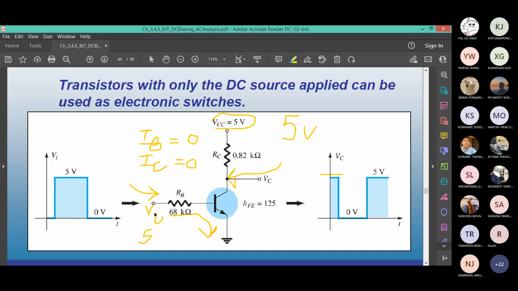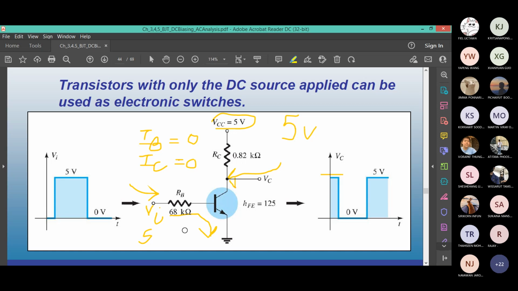Therefore, IB is Vi minus VBE divided by RB. 5 minus 0.7, you get 4.3 volts. You divide by 68 kilo ohm. What is the answer? 4.3 over 68K is 63 microampere.